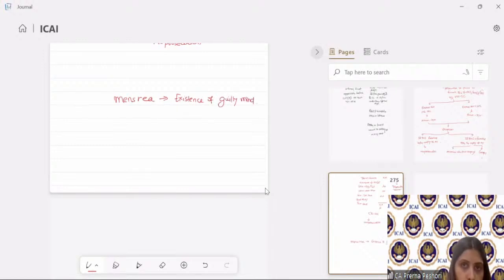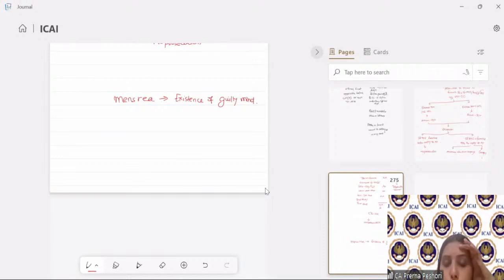So remember one thing, in prosecution, the provisions of the CrPC, Criminal Procedure Code, apply, and this principle comes from there. Now, what is mens rea? Mens rea is the presence of a guilty mind.